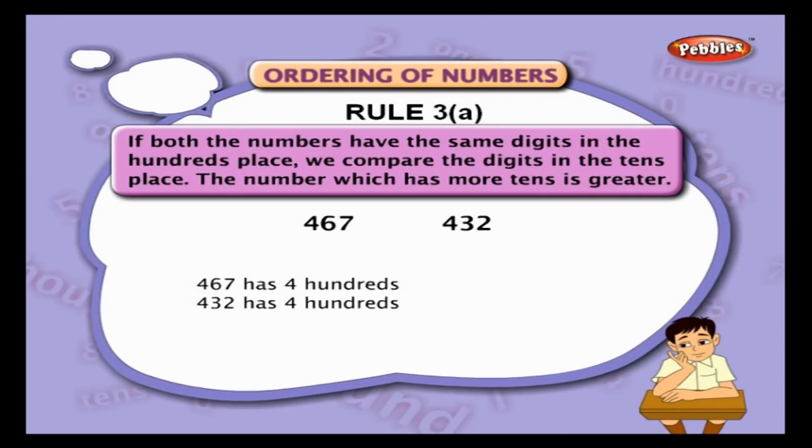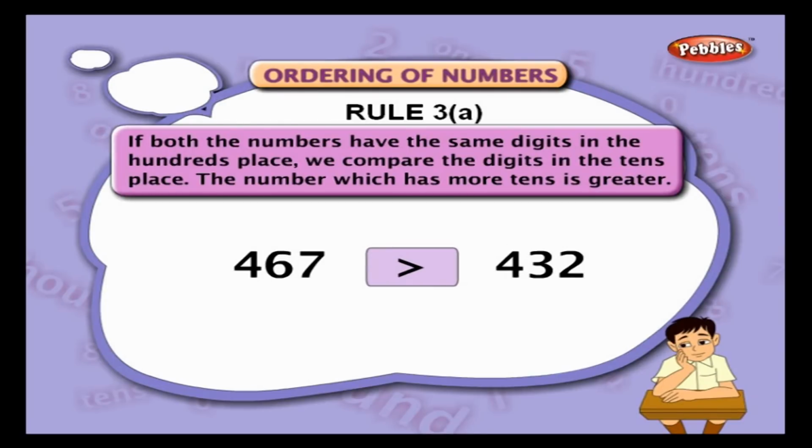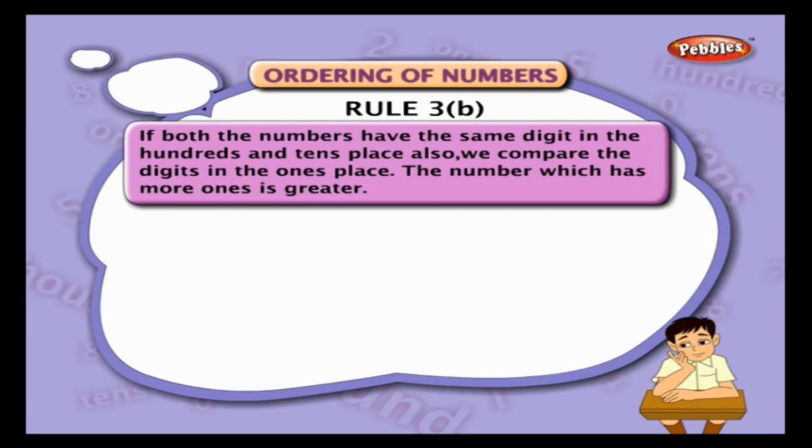In this case, compare the numbers in the tens position. There are 6 tens in 467 and 3 tens in 432. So, 6 is greater than 3. Therefore, 467 is greater than 432. We write this as 467 > 432.